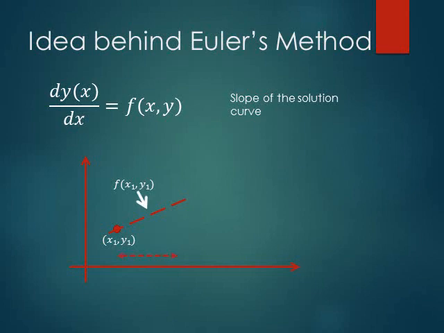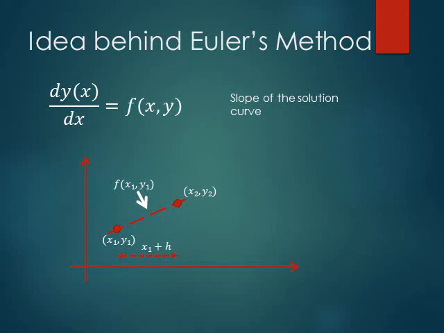So now from that, I'm going to go some step size h into the future of the x coordinate. If I do that, I can predict where my y point should be as long as I assume my slope is constant along this interval of h.